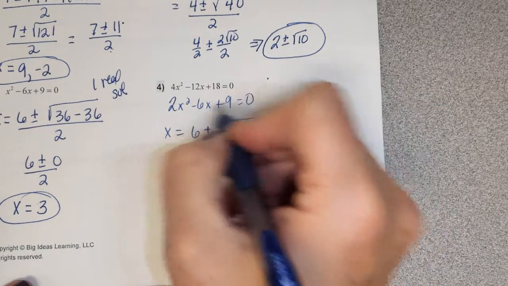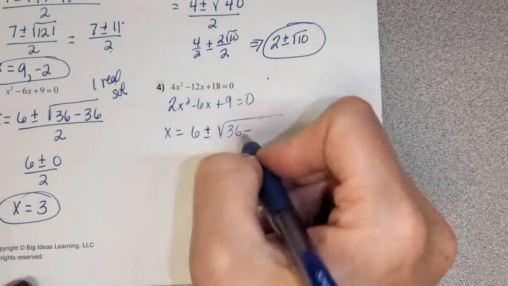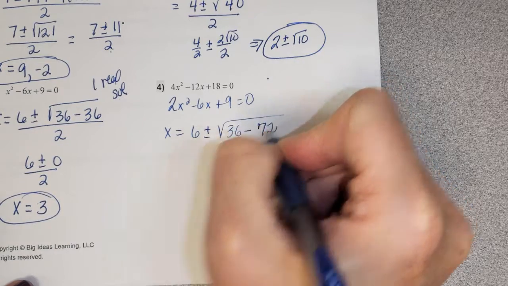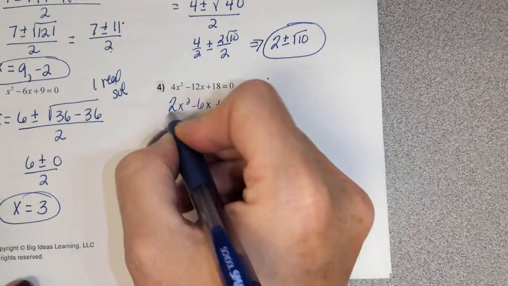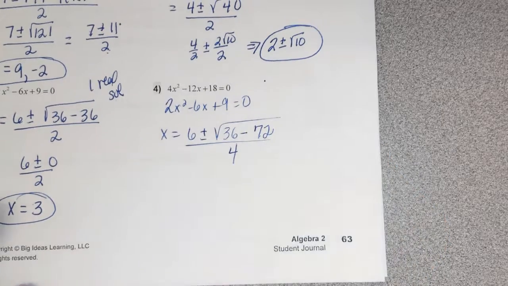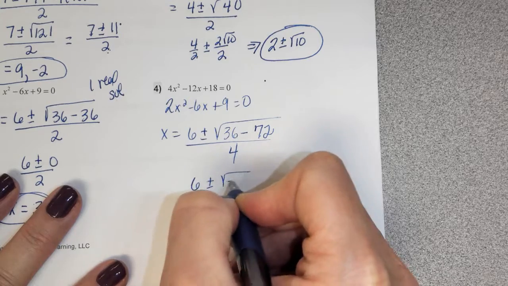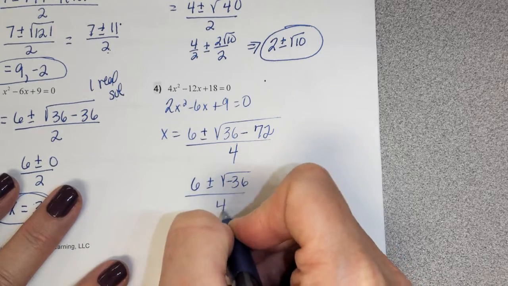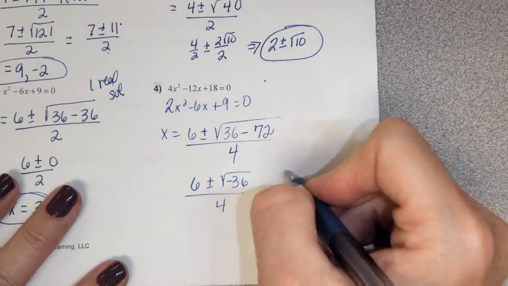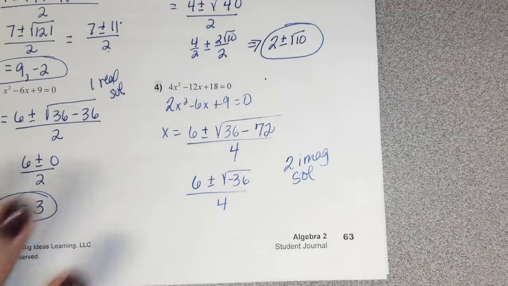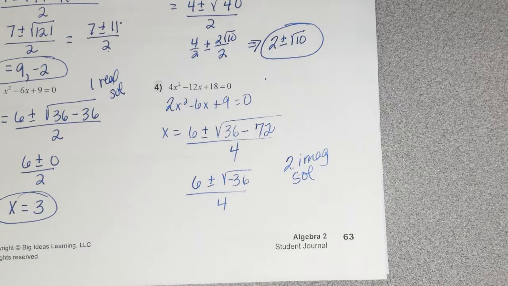Plus or minus the square root. B squared minus 4 times 2 is 8 times 9 is 72. All over 2 times 2 is 4. What type of number then am I going to get under that radical? A negative. So I have 6 plus or minus the square root of negative 36 all over 4. So because that discriminant's negative, I'm going to get 2 imaginary solutions. How many x-intercepts are we going to have then?